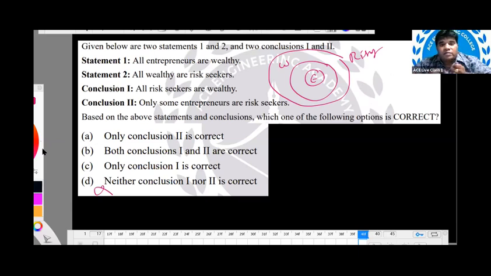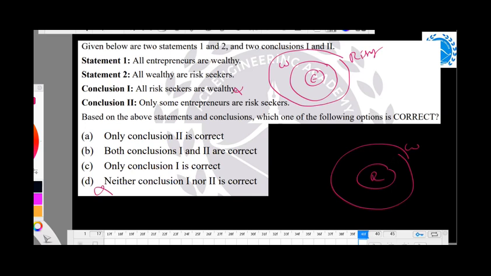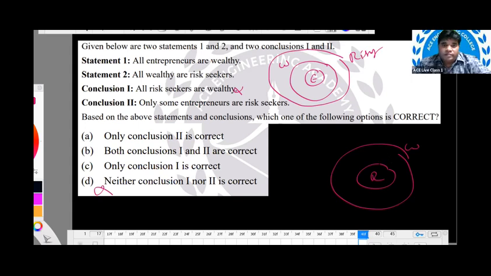Is it right? All risky means risk is compulsorily involved in wealthy. Is it right according to the diagram? The initial diagram does not say the first conclusion is correct. So the first conclusion is not correct.